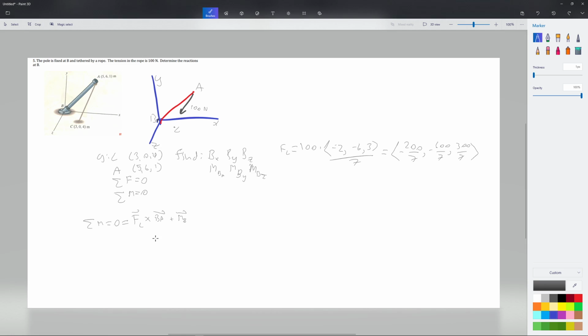So if we go here and just say equals, and then this cross product I've taken, but I do not wish to write out. Plus MBx plus negative equals 0.